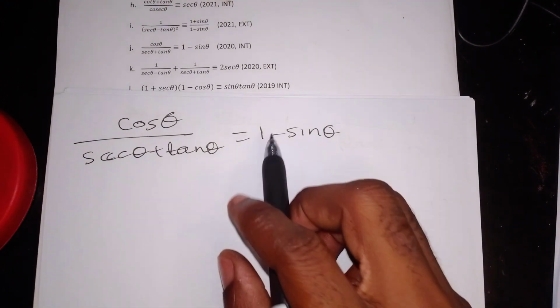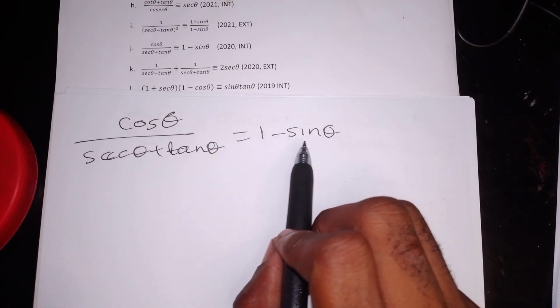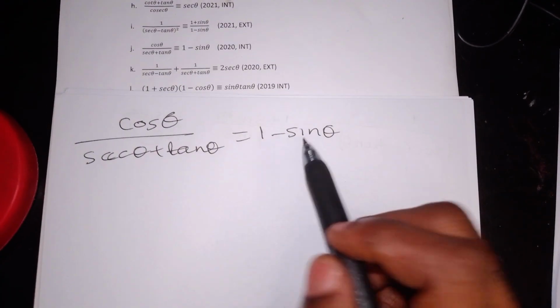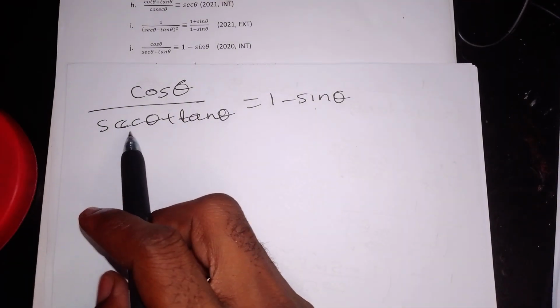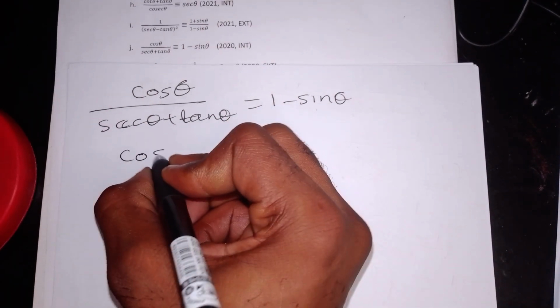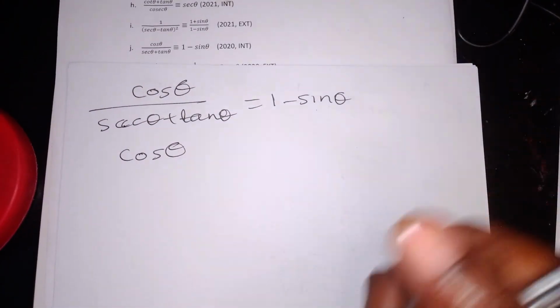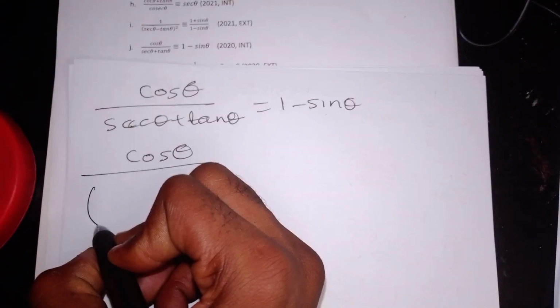In other words, you don't want fractions, you just want a sine and a 1. So how do you obtain this from this? First of all, you want to get rid of the fraction. How do you do that? Change the sec to cosine, the tan to its components.